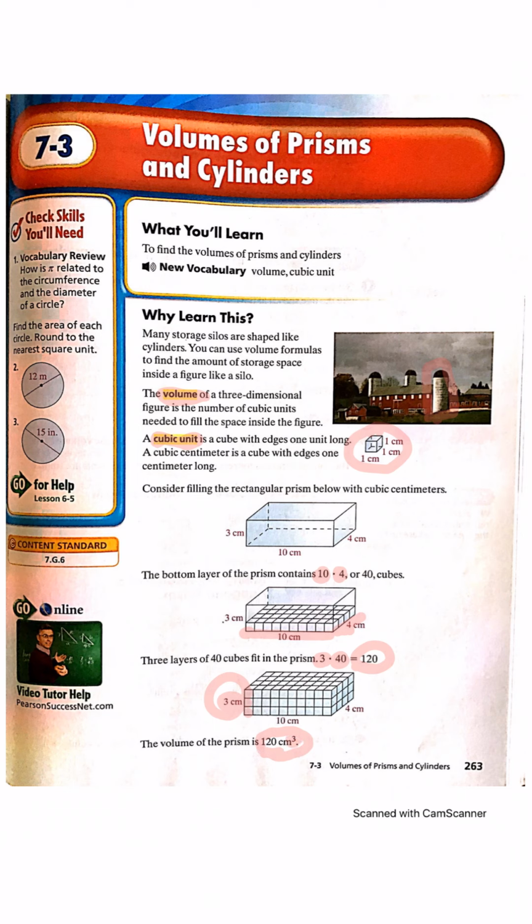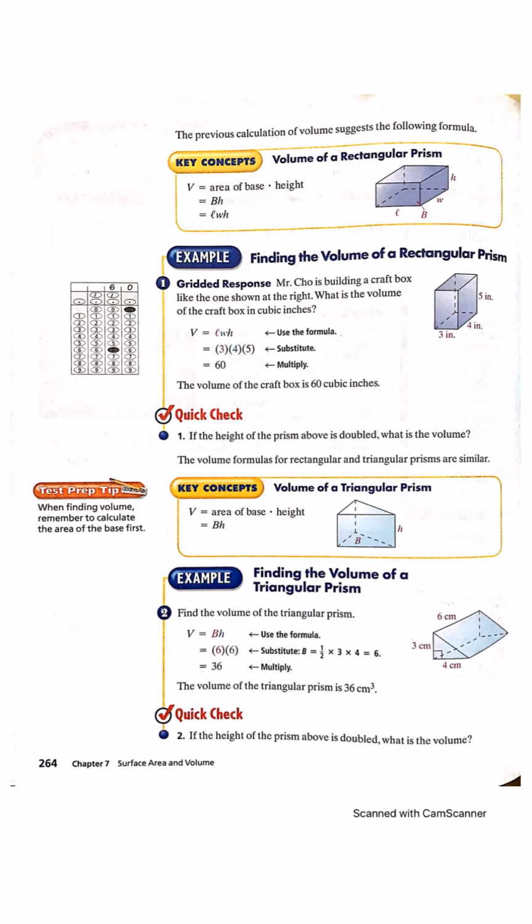So now when we're talking about volume, right, with area we squared it, volume we are going to cube it, 120 centimeters cubed. The previous calculations of volume suggest the following formula. Volume of a rectangular prism. This is what you want to know.